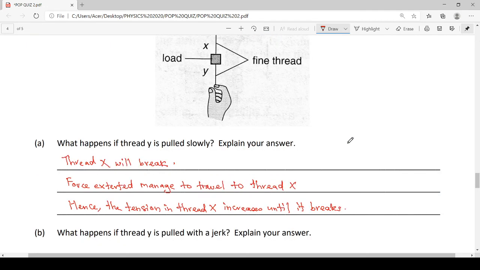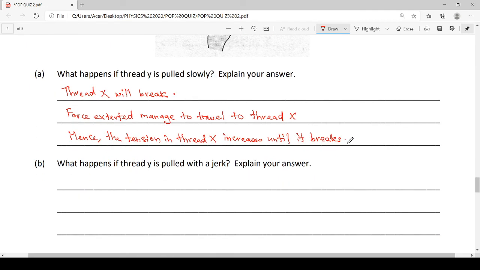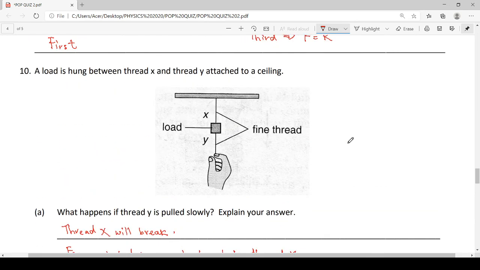Now, what happens if we give a jerk to thread Y? So if we give a jerk to thread Y, bear in mind that this load is at rest. Newton's first law says that an object at rest will remain at rest. If in motion, it will remain in motion. So this load is initially at rest, so it will resist the jerk given because it wants to be at rest.